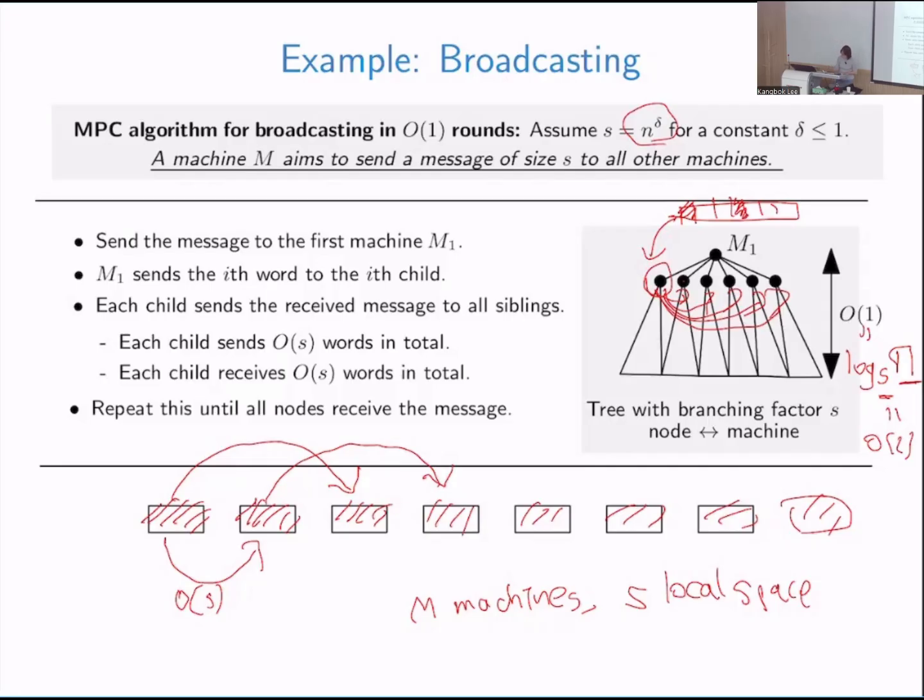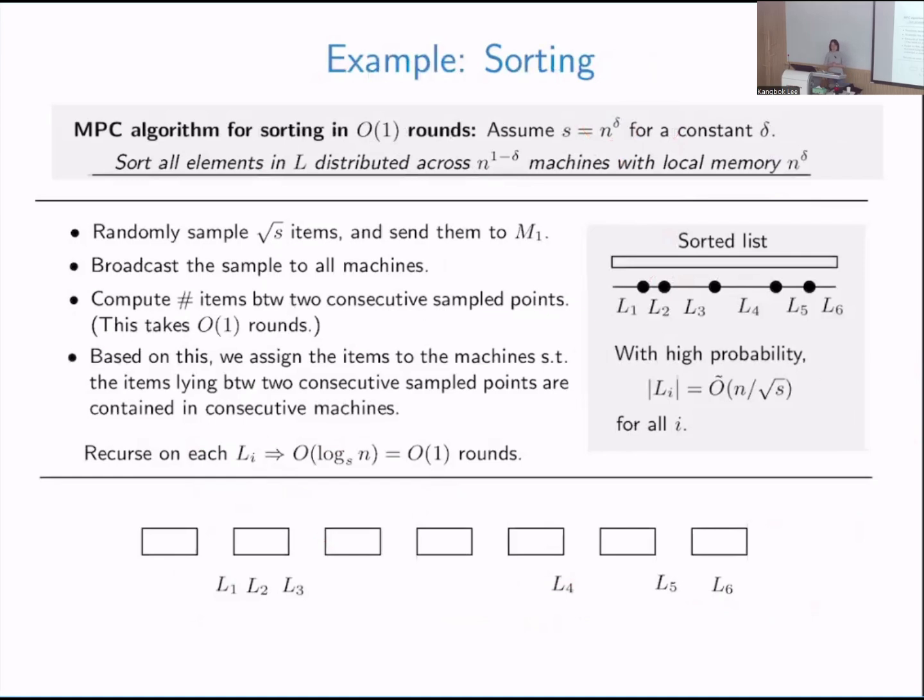The second example is sorting. We can sort n elements in a constant number of rounds. We can do this as follows. Initially, we have n elements distributed across m machines.